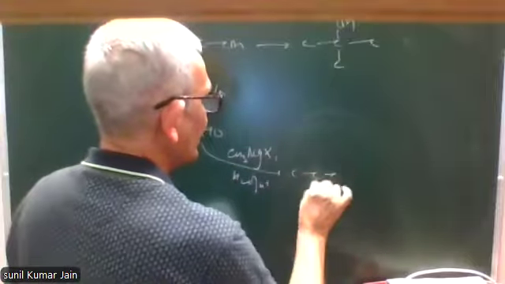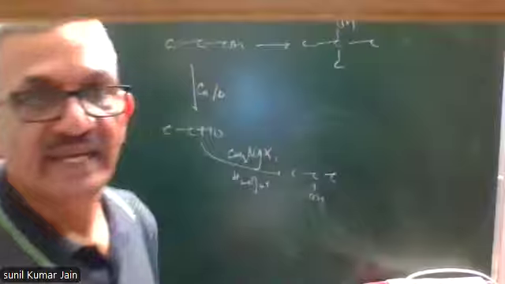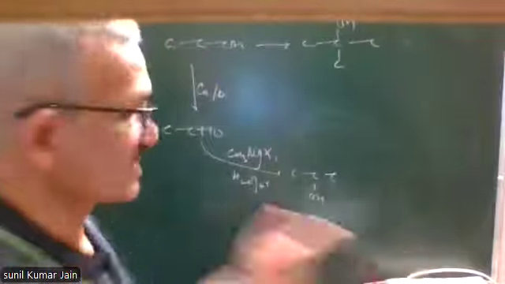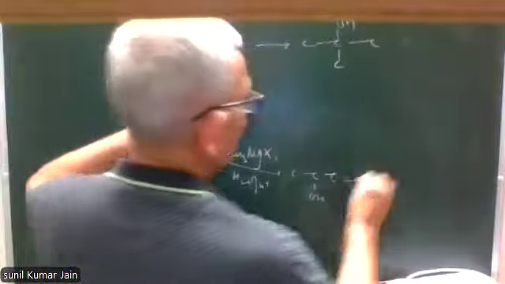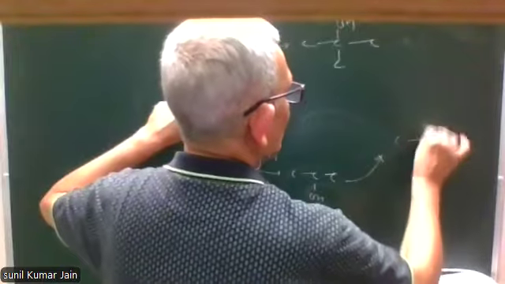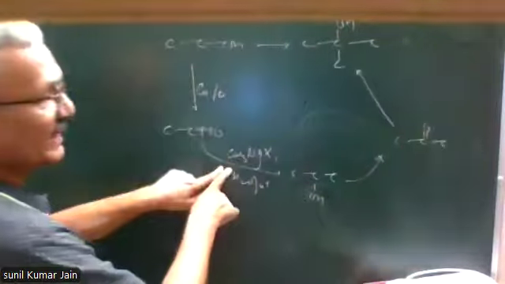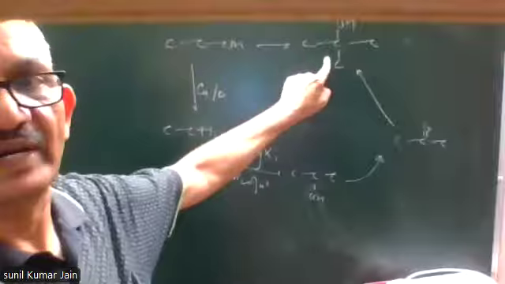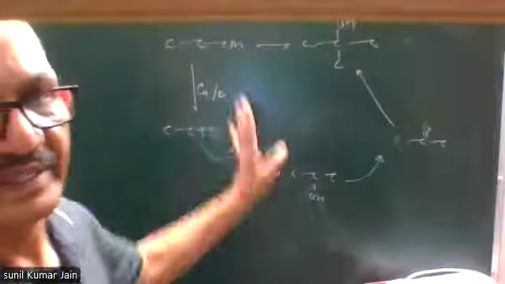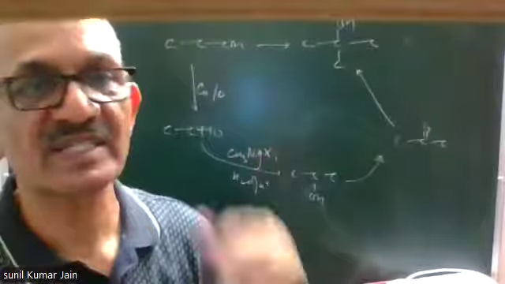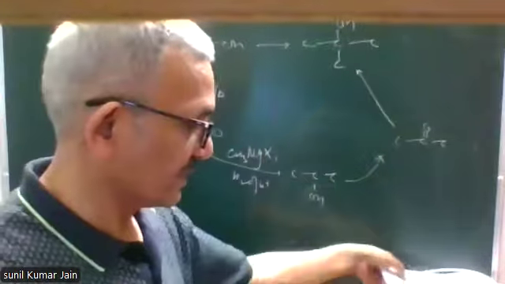This will give 2-propanol. Now repeat both the reactions. Again, hot copper will give ketone. Then again, methyl Grignard, you'll get the final product. Right? So you have to repeat these reactions, get the final product.